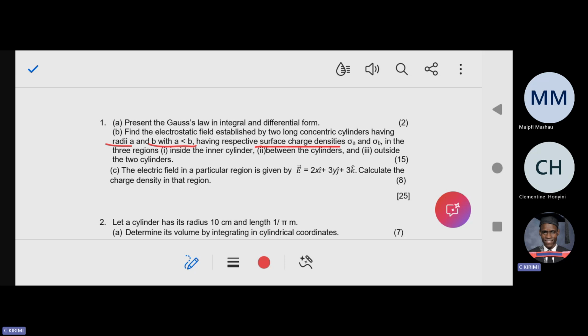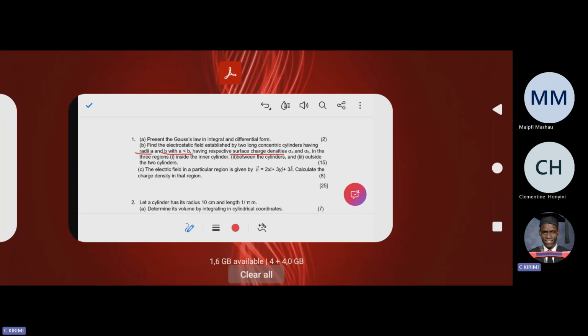So first one, the region inside the inner cylinder. Then you want the charge densities between the cylinders. And then the third, the charge density outside the two cylinders.